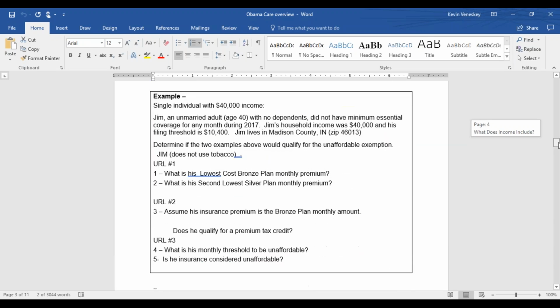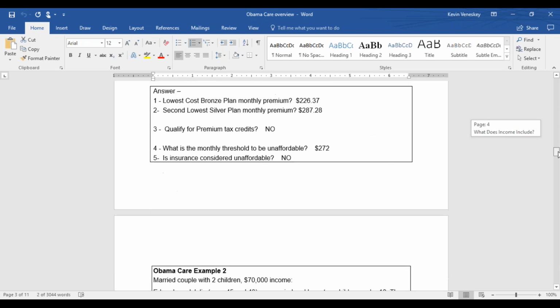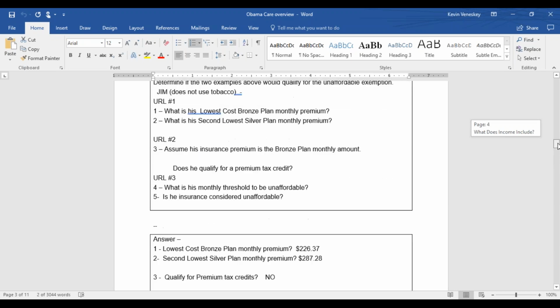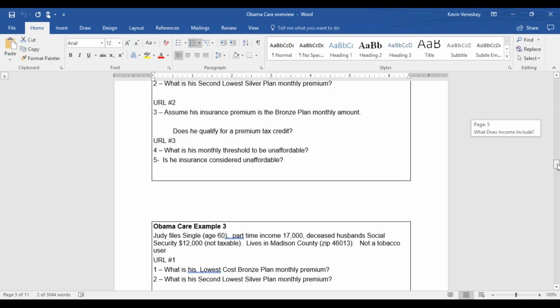So take a little bit of time and do that, but I'm not going to do that here because we spend quite a bit of time on that in our payroll class, and you can get to that when you have payroll, and we will go through this in more detail. But I give you the answers for this first one, so you may want to go through and just check on how I did it.